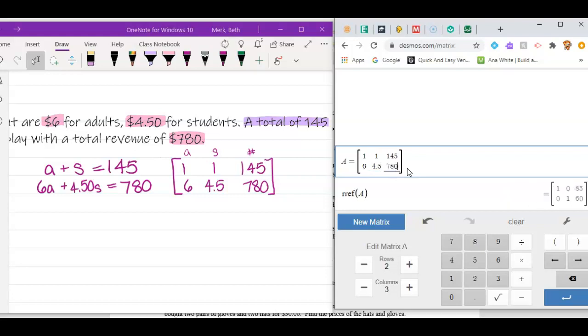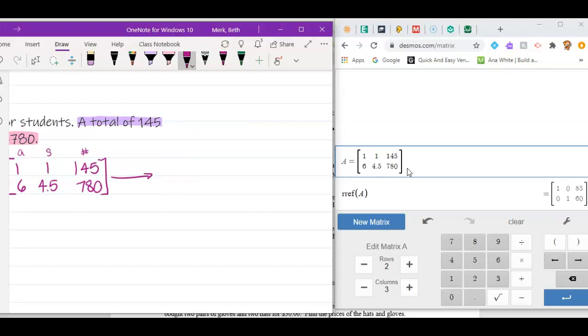You can see that our answer matrix, 1, 0, 85, 0, 1, 60, means 85 adult tickets and 60 student tickets.